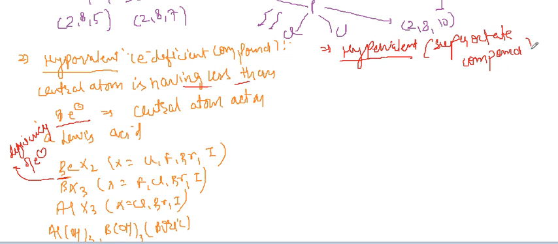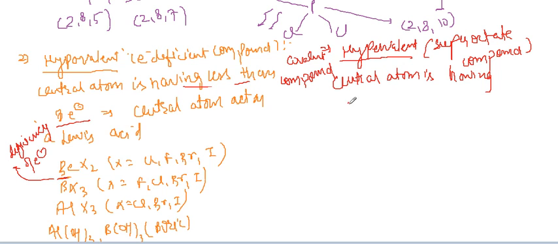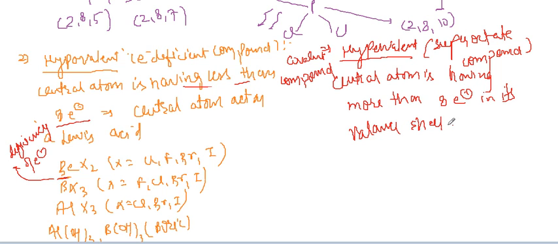So these are covalent compounds in which the central atom has more than 8 electrons in its valence shell. Then these are called hypervalent compounds.